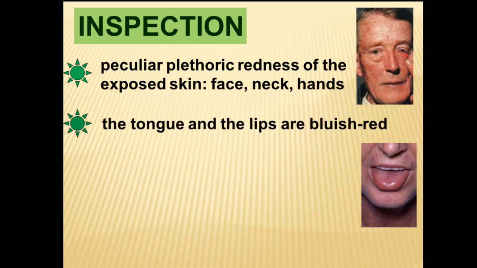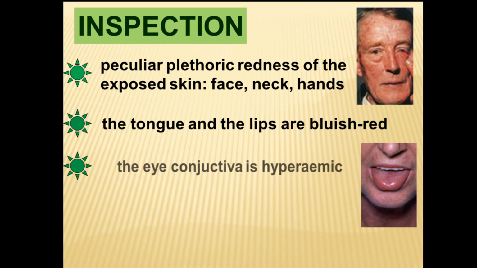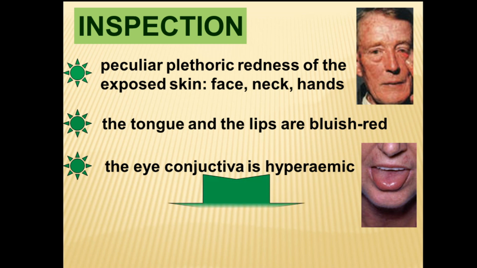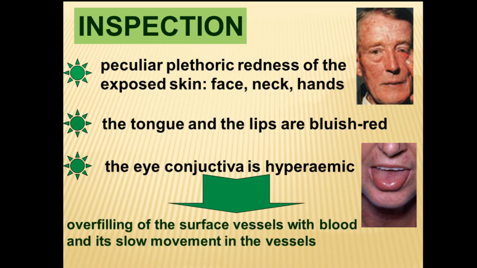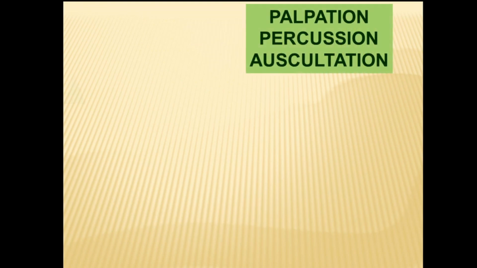Tongue and lips have a specific bluish red color due to stagnation of erythrocytes in the capillary network. Eye conjunctiva is hyperemic. All these problems appear due to overfilling of peripheral vessels with blood and slow blood flow.